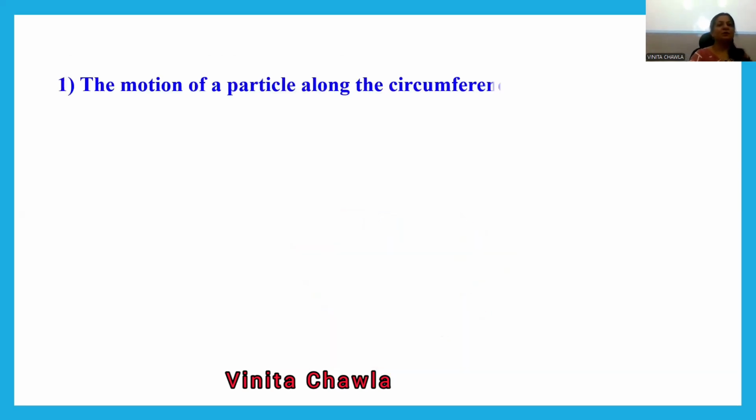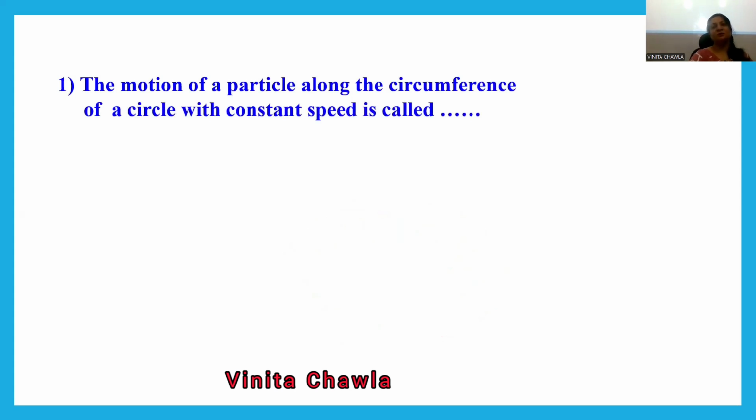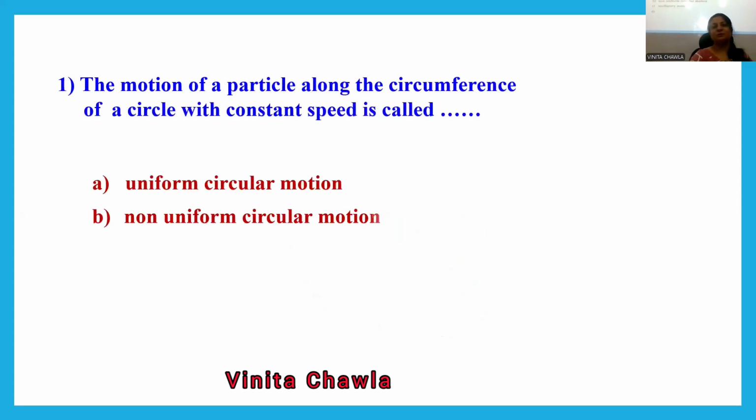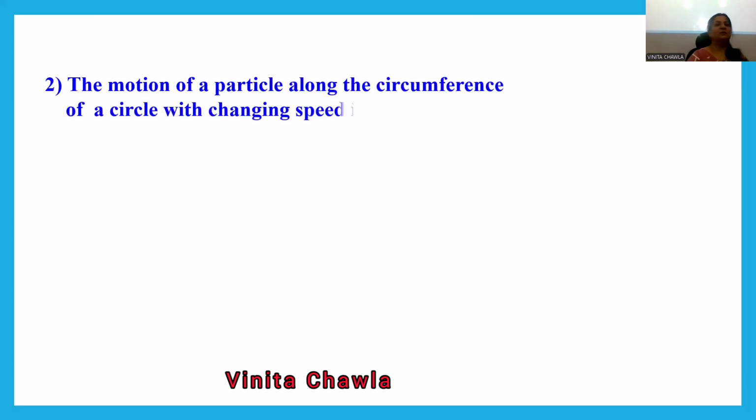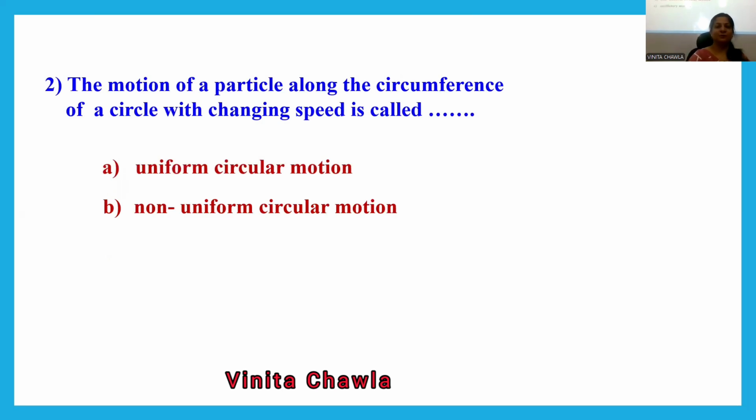Next, we have questions based on this. The motion of a particle along the circumference of a circle with constant speed is called uniform circular motion. Next question. The motion of a particle along the circumference of a circle with changing speed is called non-uniform circular motion.